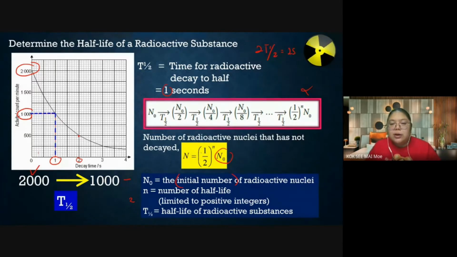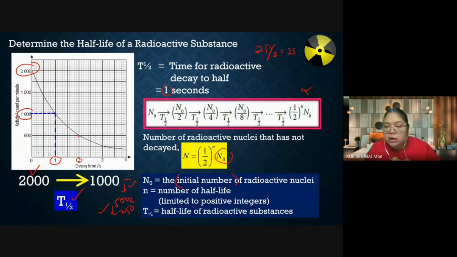Then what does n stand for? n is the number of half-lives. Just now I did 500, then continue, 250. Here, how many half-lives? 1, 2, 3. 3 half-lives. So you put n as 3. And the last one is the half-life of the radioactive substance. 1 half-life is how long? 1 second. Then you just put 1 second.